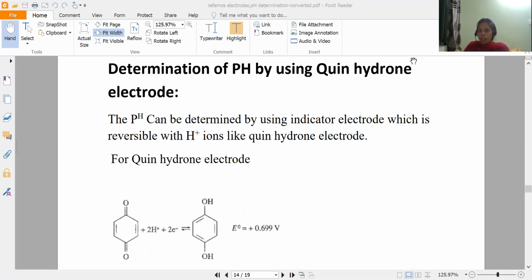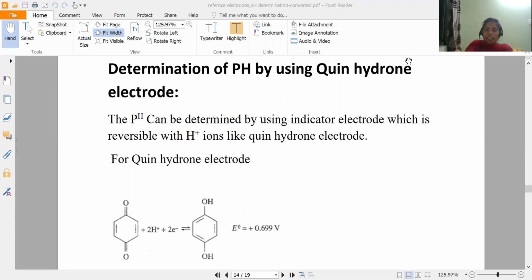Already we have seen how to apply the Nernst equation for the Quinhydrone electrode. But let us recall again how to construct the Quinhydrone electrode and how to apply the Nernst equation. Afterwards, we can see the determination of pH by using the Quinhydrone electrode.